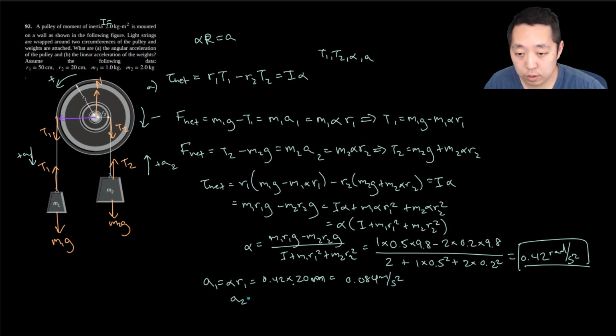And then A2 is going to be alpha R2, and that's going to be 0.42 times 0. Oh, actually, sorry, I messed this up. This is A2, this is A1 here, because I messed up the units. So divide that by 2 times 0.5, and this one is 0.21 meters per second squared. So those are the two accelerations there.